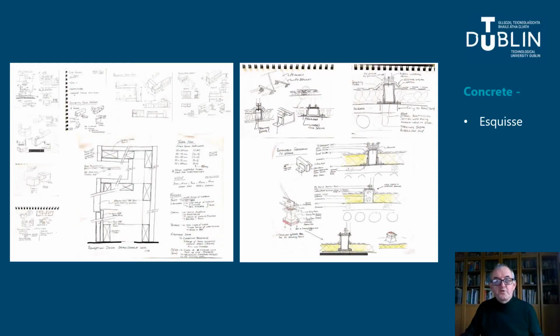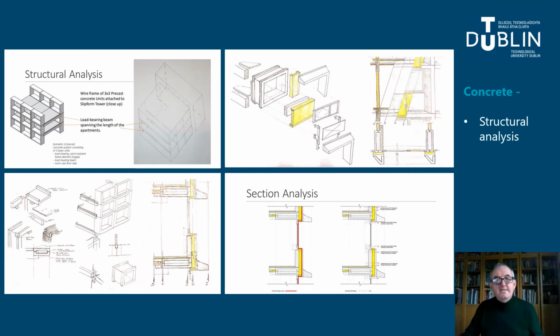The focus of semester 2 in second year is a multi-storey concrete framed, nearly zero energy building. As with other projects, the design is initially explored using the esquisse sketch design process. As each year progresses, the depth of the esquisse investigation increases.